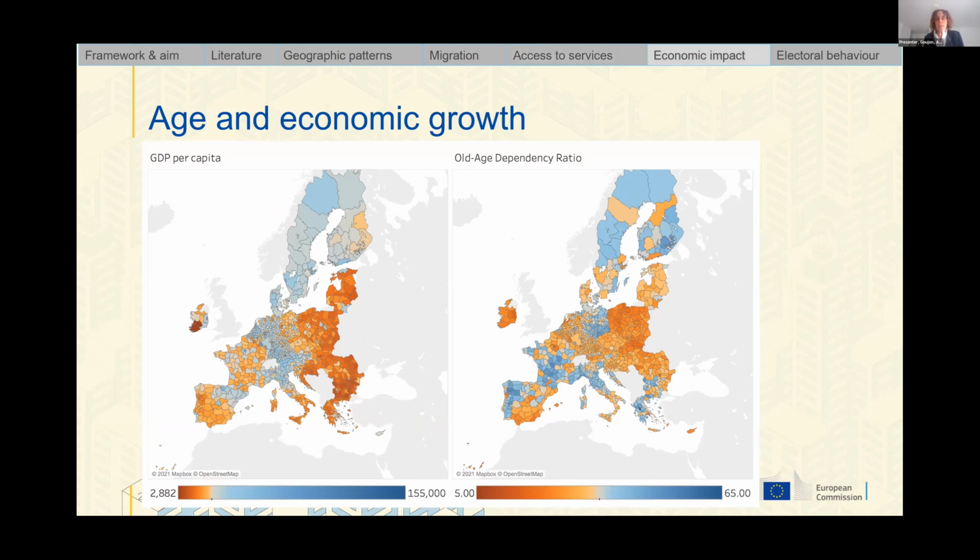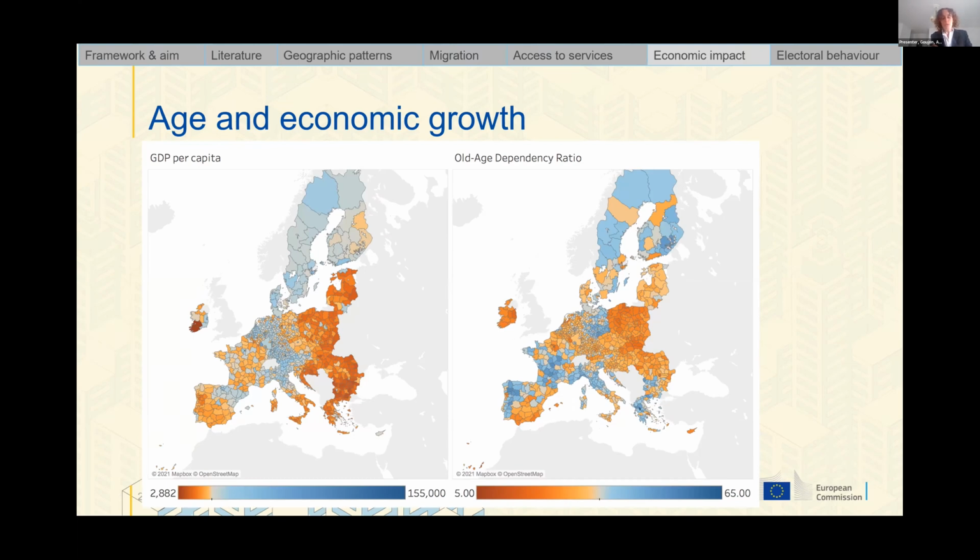The second impact that we look at is that of territorial aging in the context of economic growth. And there will be more talk about this today at the conference, I'm aware. So as I said before, most of the literature points at the negative impact of aging on economic growth.